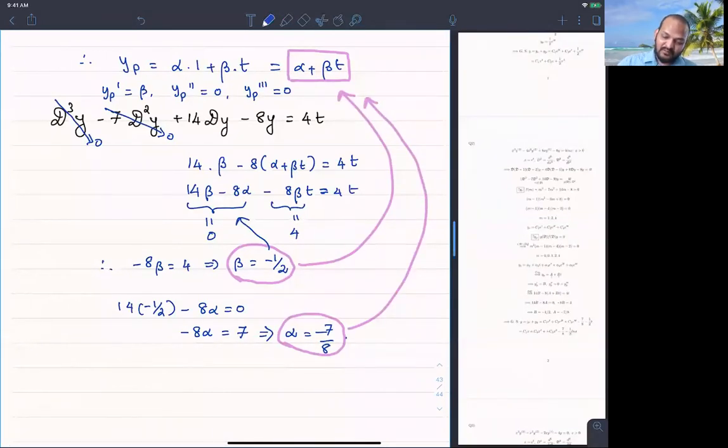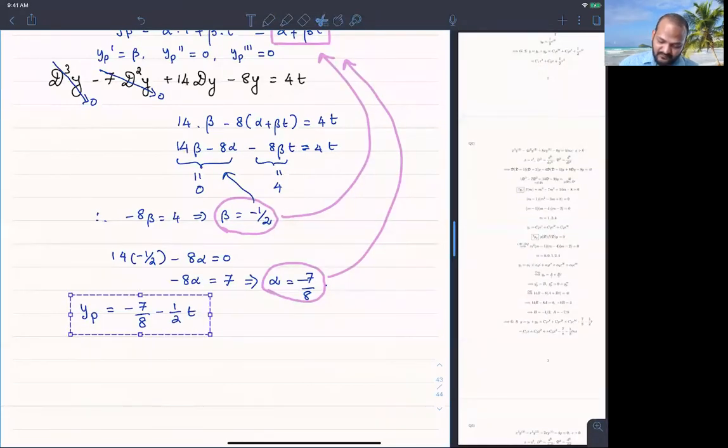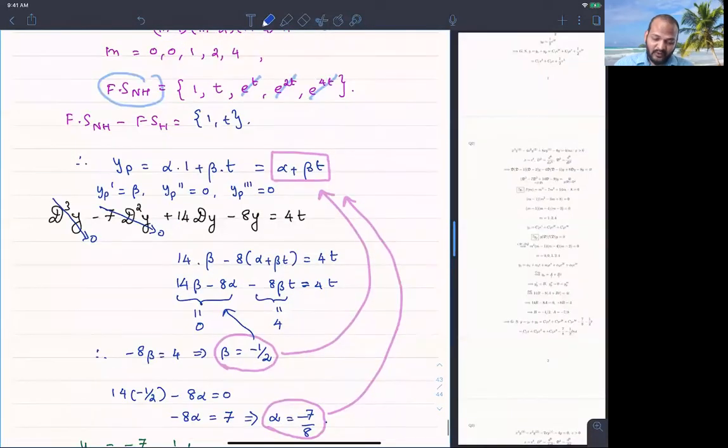So if I plug this back in here, you would agree that my yp is going to be negative 7/8 minus 1/2 t. Let me change them to a different color. So that's what I have. And so therefore the general solution in terms of t, y as a function of t, is going to be yc plus yp.